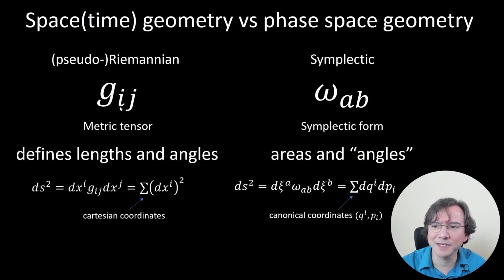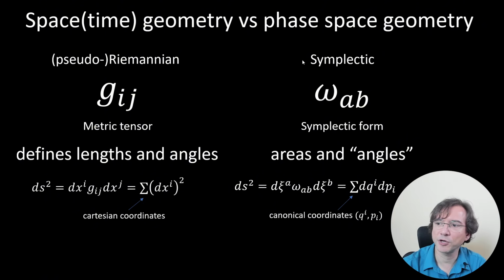And what's important is that this is a symmetric tensor. If you switch i and j, you get the same thing because the inner product is symmetric. And again, this defines the length and the angles. It defines the norm of vectors and defines the angles between vectors.